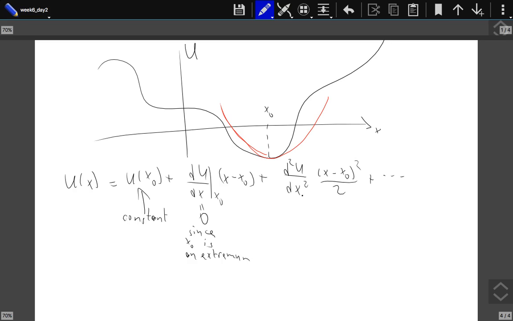And the second derivative of U is larger than 0, since x equal to x0 is a minimum. So you see, sufficiently close to the minimum, and any system will try to go to the minimum, our system just behaves like a harmonic oscillator with a potential that is quadratic in its deviation from the minimum.